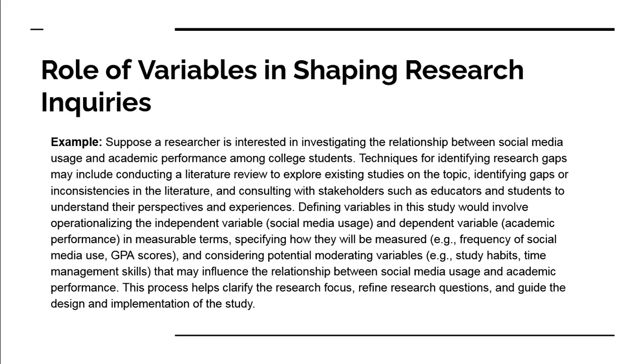For example, frequency of social media use, GPA scores, etc., and considering potential moderating variables, for example, study habits, time management skills, etc., that may influence the relationship between social media usage and academic performance. This process helps clarify the research focus, refine research questions, and guide the design and implementation of the study.